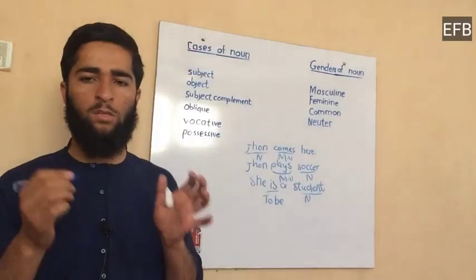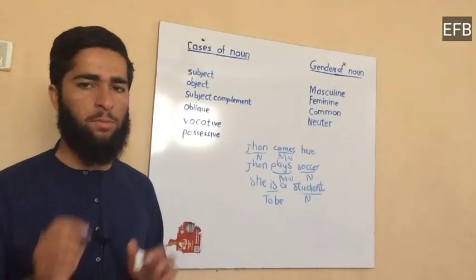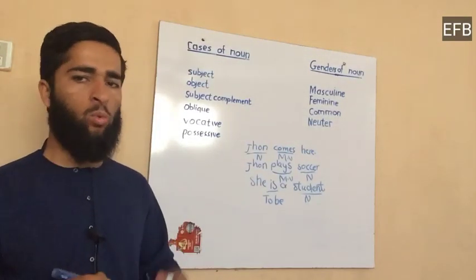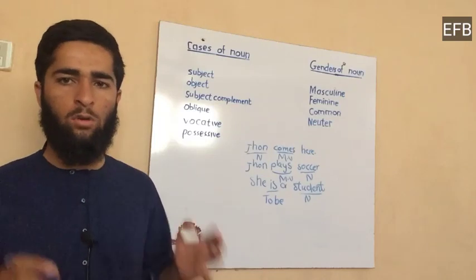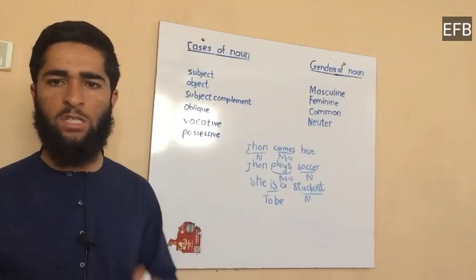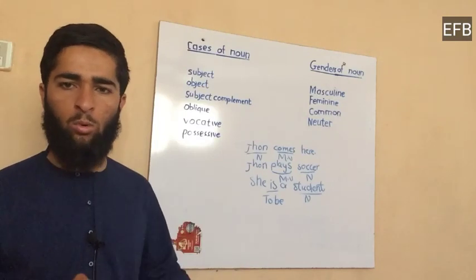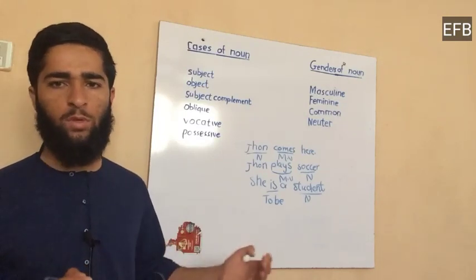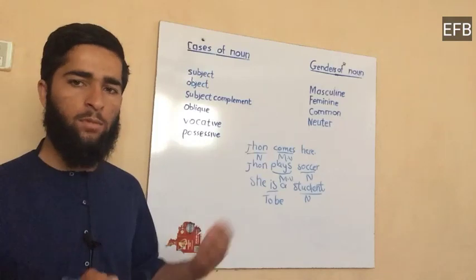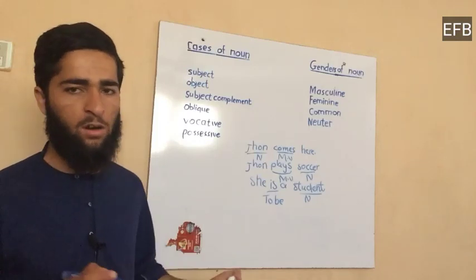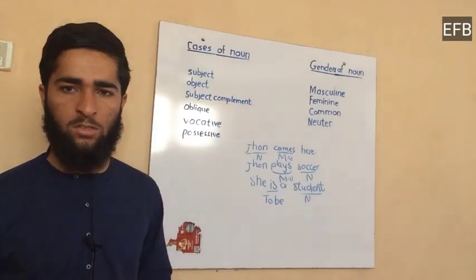Noun comes after a to be verb in subject complement case. Remember that whether it's a noun or a noun clause, in subject complement case you must use the noun or noun clause after a to be verb. Now I'm not going to talk about the noun clause, I'd just like to describe noun.